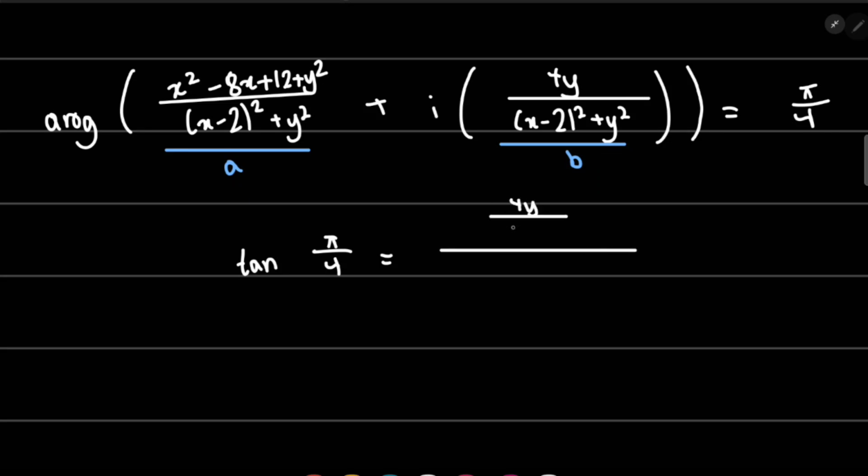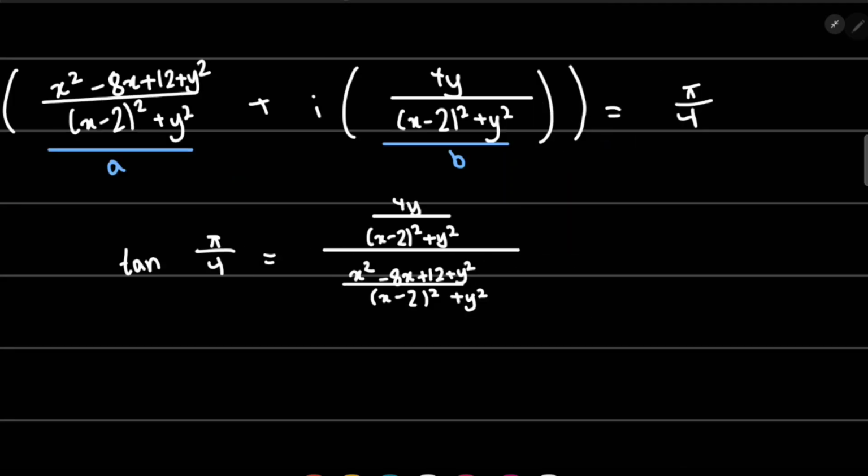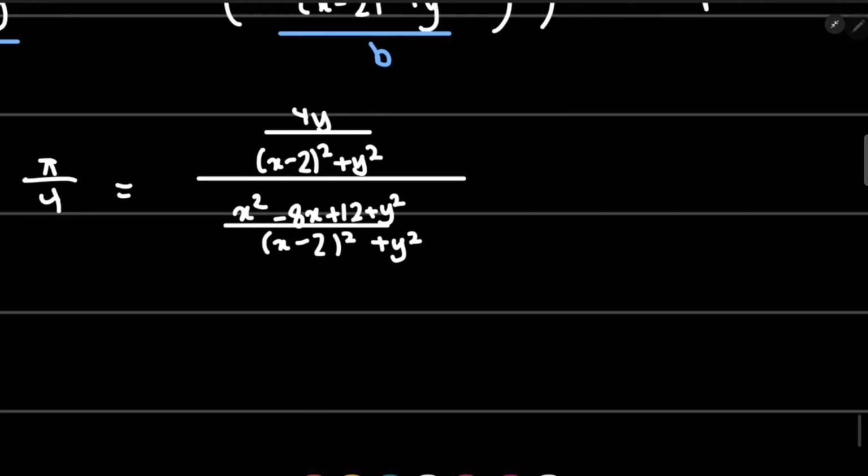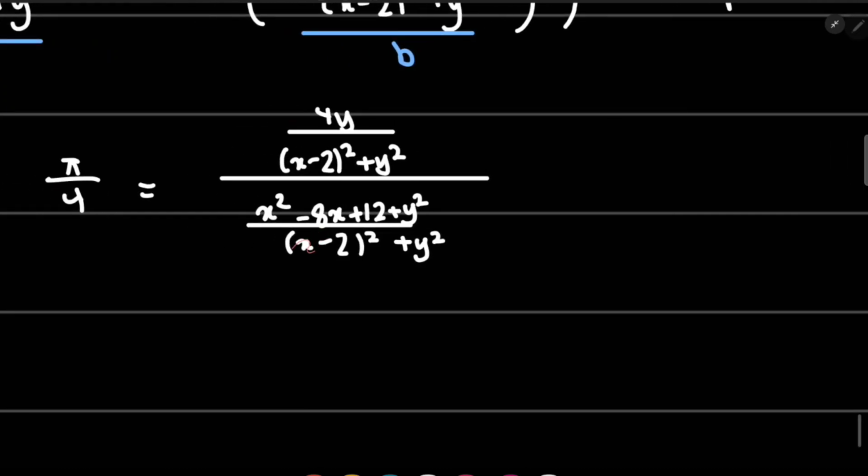So we have 4y divided by (x minus 2) whole square plus y square, divided by x square minus 8x plus 12 plus y square, divided by the same numerator. Now you can flip this in the bottom and write it as a multiplication as well if you want, or you can notice that you can cancel out the denominators because they are the same.